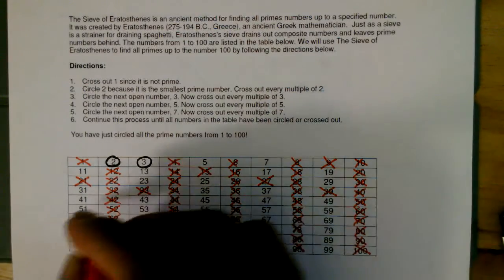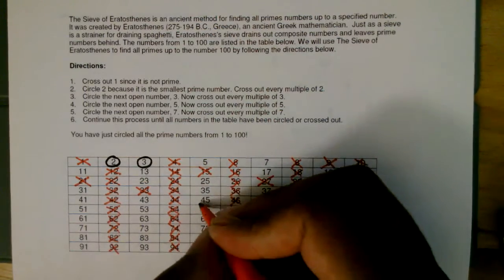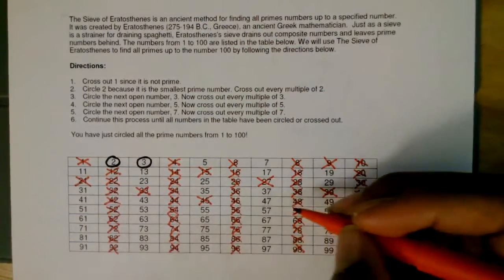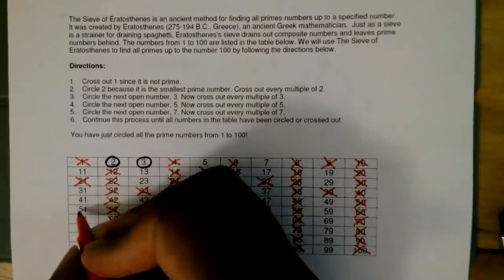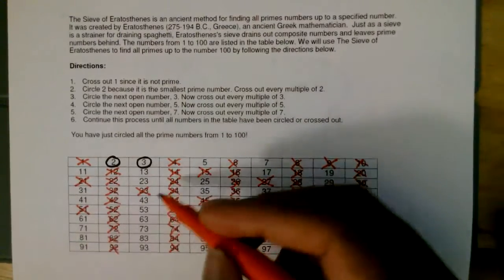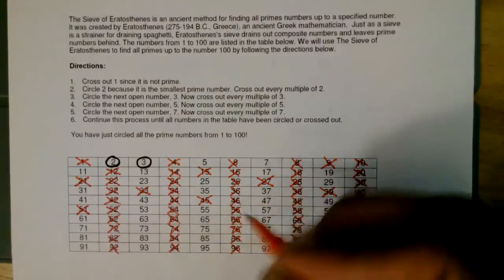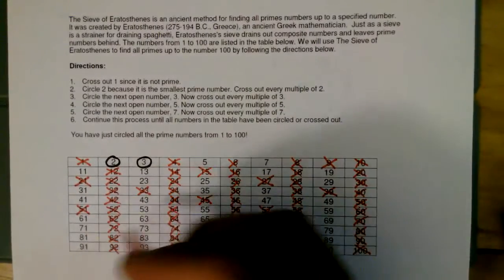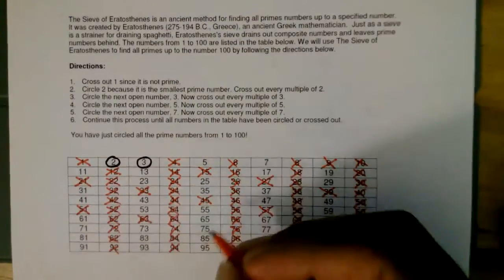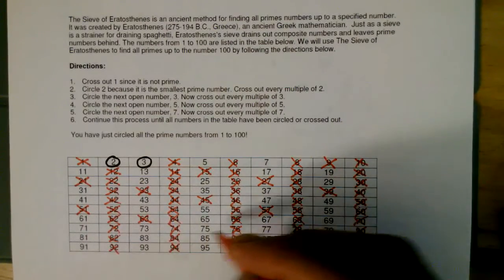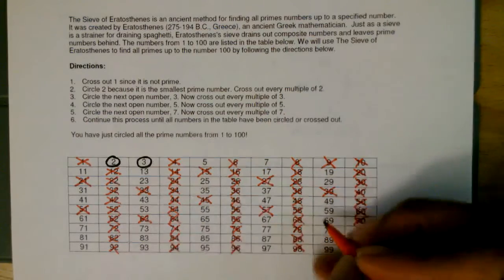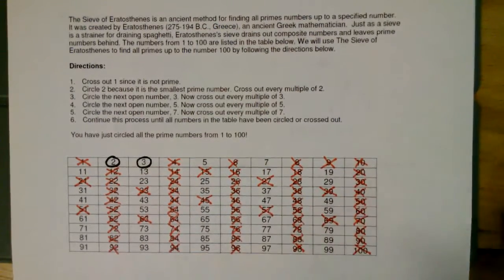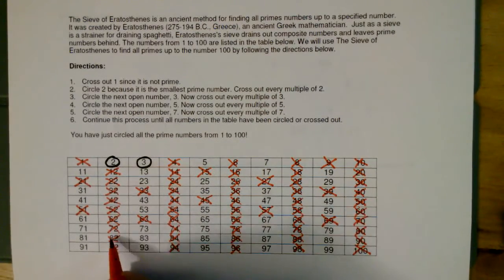And then, let's see, 42 is gone. 45, we can cross that out. 48, 51 can be crossed out. 54 is already gone. 57 can be crossed out. 60 is gone. 63 can be crossed out. 66 is gone. 69 can be crossed out. That's a multiple of 3. 72 is already crossed out.